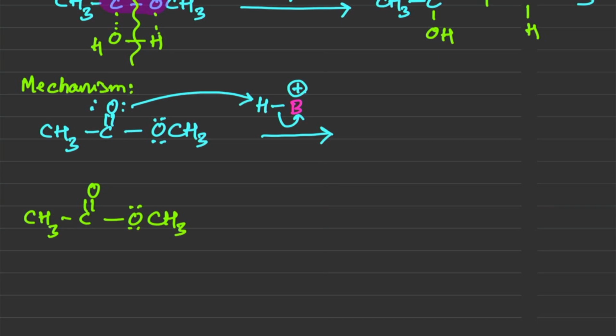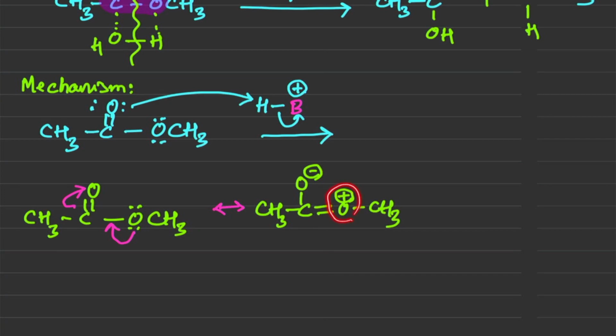The oxygen here will push the electron towards the carbon, and the resonance structure that you will get is going to be this, CH3CO minus, OCH3. Okay, so oxygen has 3 bonds here, so it should have a positive charge.